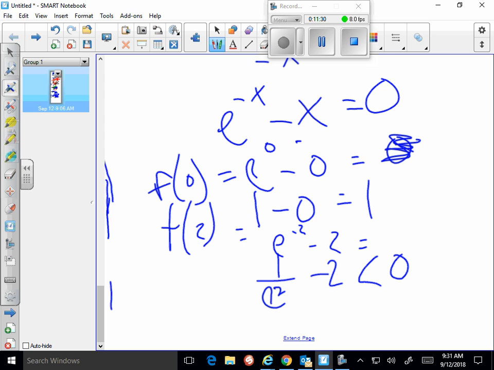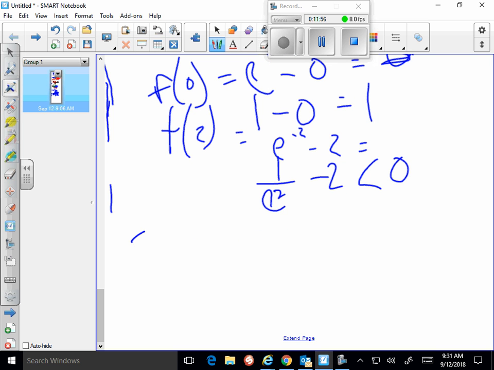So on one end, I'm less than 0. On the other end, I'm greater than 0. And so I know that somewhere in between 0 and 2, there must be an x-intercept according to the intermediate value theorem. So that's what I'm going to say there. I don't have to get any closer. It's not asking me where this x-intercept is. It's just saying show that there must be one.